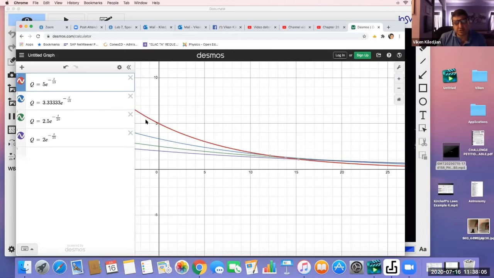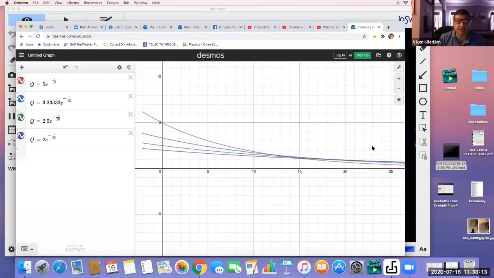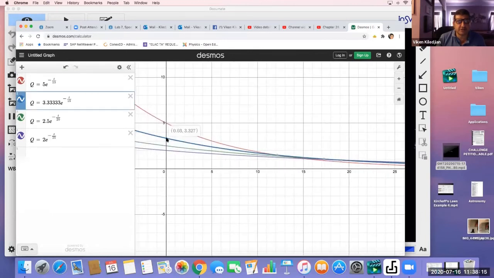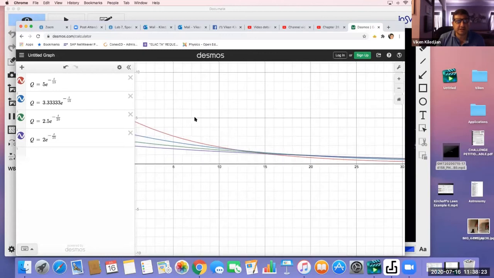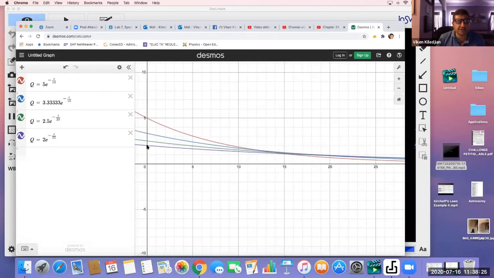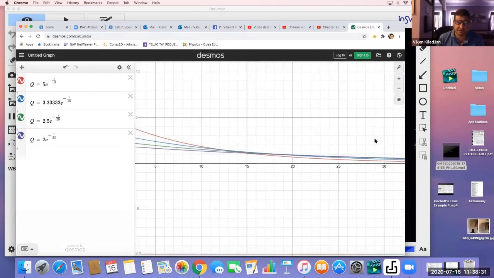It starts out higher, that's why it crisscrosses, and then its current decreases much quicker. Whereas this one, at 3 ohms, starts out with less current, but it maintains its current longer. And the highest resistance starts out with the least current, but it maintains longer because its time constant is the longest.